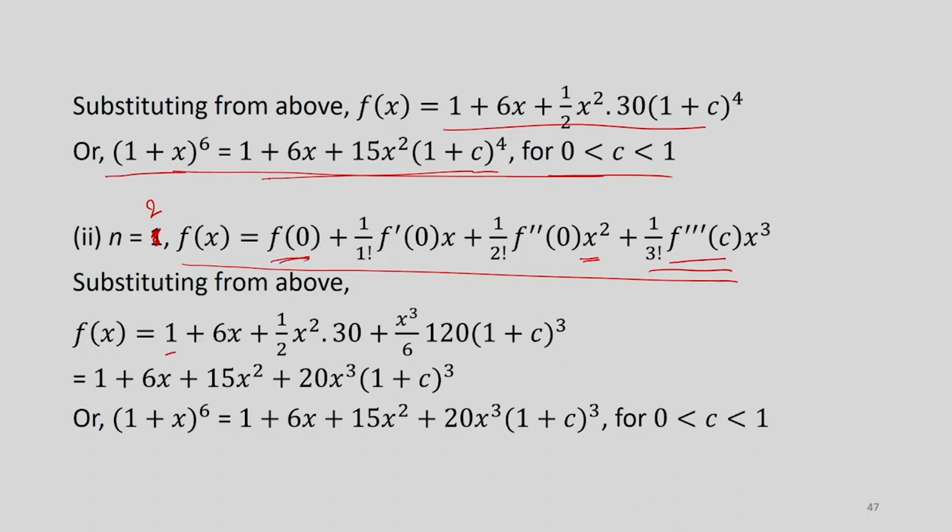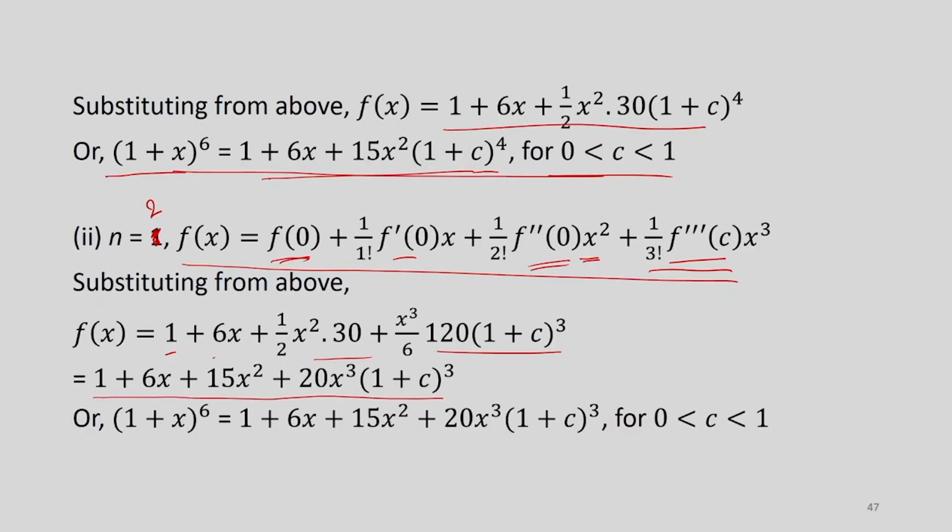F0 is 1, f dash of 0 is 6, likewise f double dash of 0 has been put here, and f triple dash c, which is given by this 120, 1 plus c to the power 3. And this is simplified here.